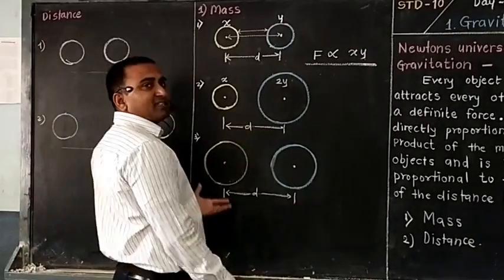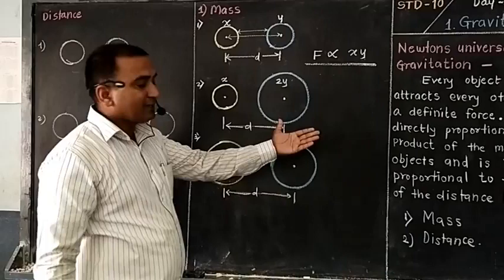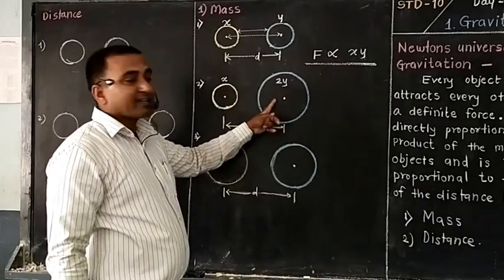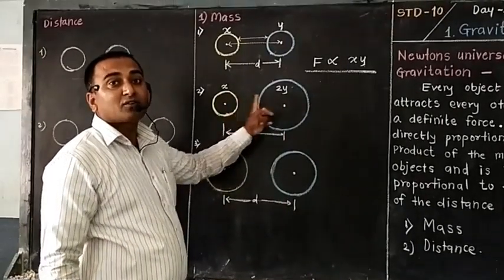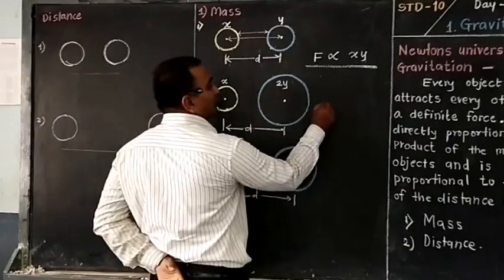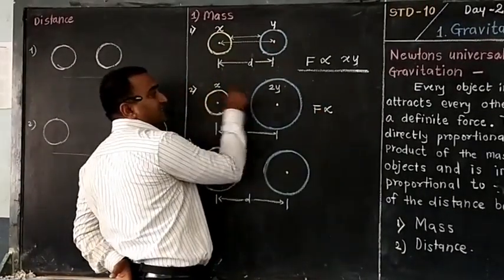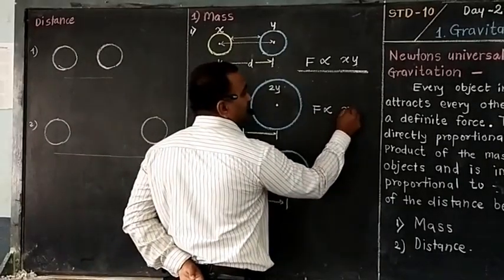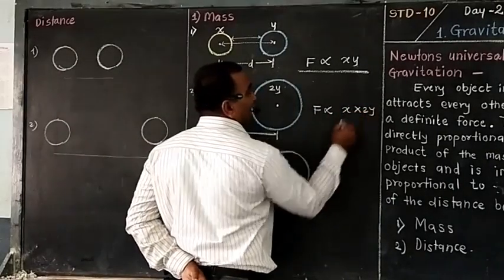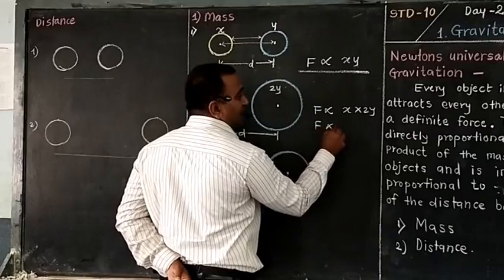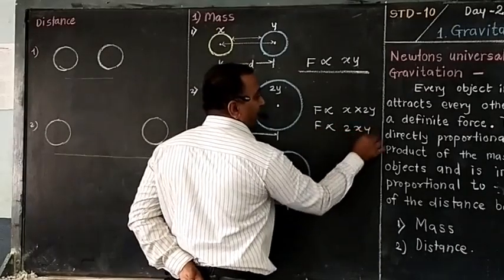As the law says, the force is directly proportional to the product of the masses, so this force is directly proportional to the product of x and 2y, that is x into 2y, so the force is directly proportional to 2xy.